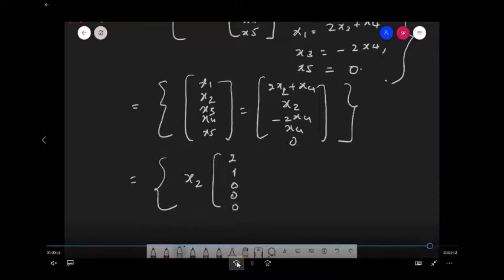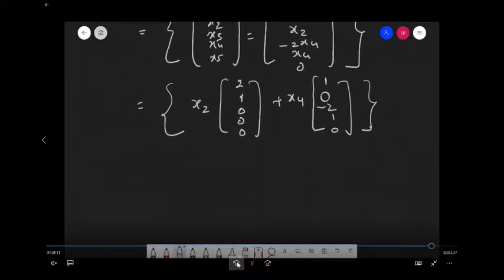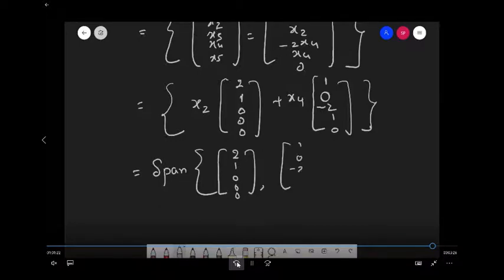Fourth row there is no x2, fifth row no x2, plus x4 times 1 and then 0, minus 2, 1, 0. Therefore, this is equal to the span of two vectors, which are 2, 1, 0, 0, 0, comma 1, 0, minus 2, 1, 0. So these two are vectors in R5 because they have 5 rows.